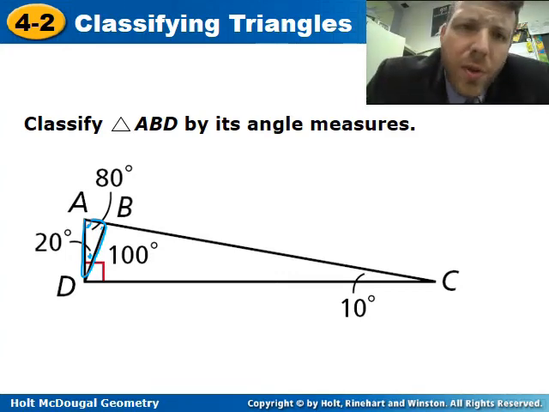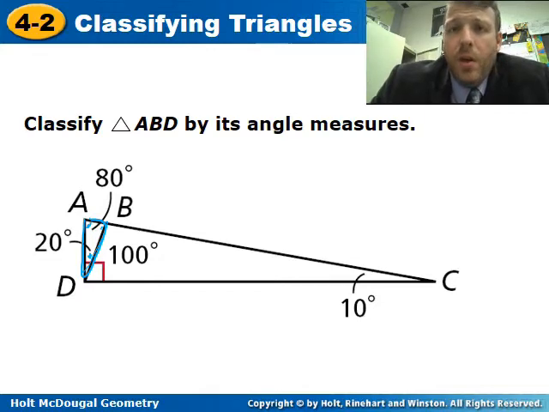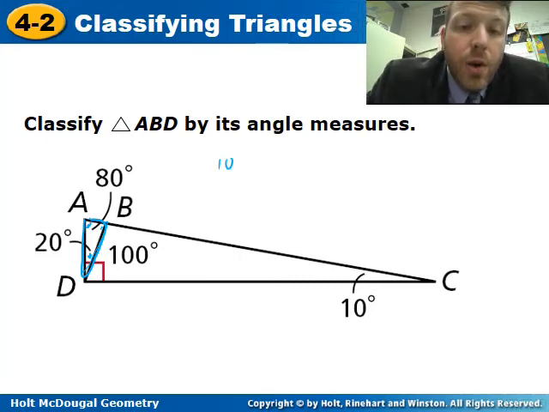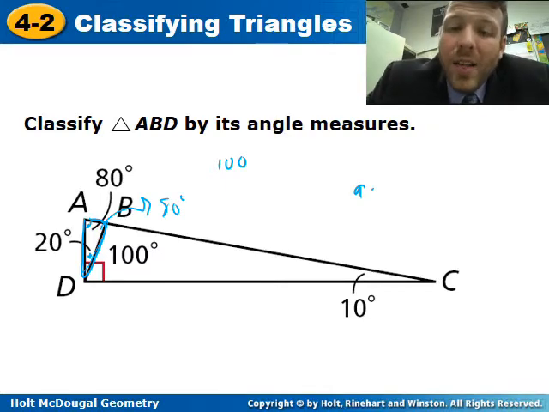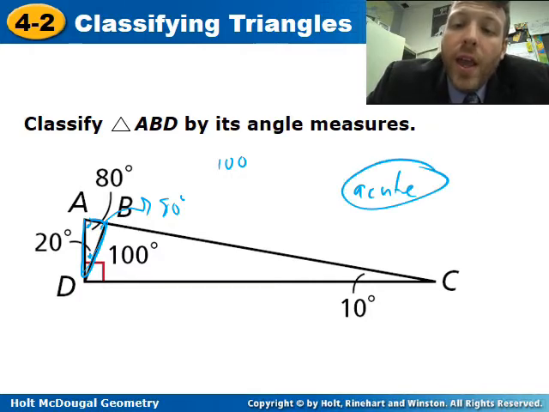In order to do that, we have to understand that the sum of all the angles in a triangle is 180. So you need to know that. 20 and 80 make 100, right? So that means that this other angle has to be 80 degrees. And since it's 80 degrees, we can now say it's acute because all the angles are less than 90.